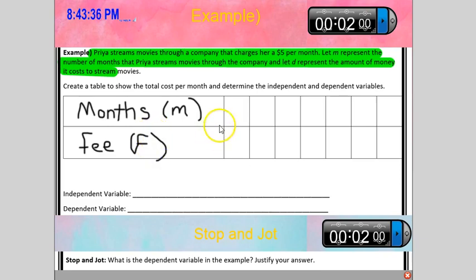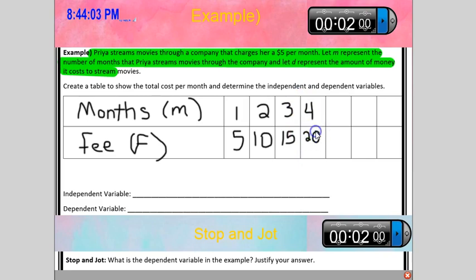So for 1 month, the fee is $5. What would be the fee for 2 months? The fee would be $10. What about 3 months? $15. 4 months? $20.